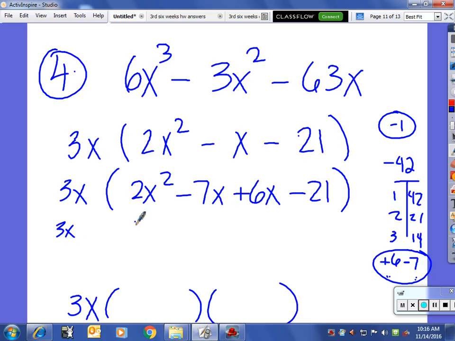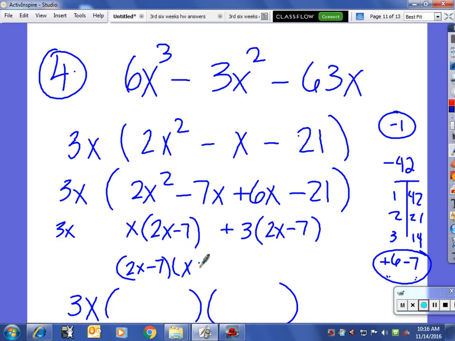The GCF here is just x, right? And you're left with 2x minus 7. The GCF here is 3, and you're also left with 2x minus 7. Then take out the 2x minus 7, and you're left with x plus 3. And then just don't forget about that 3x. So in your final answer, just make sure you have all three factors listed.